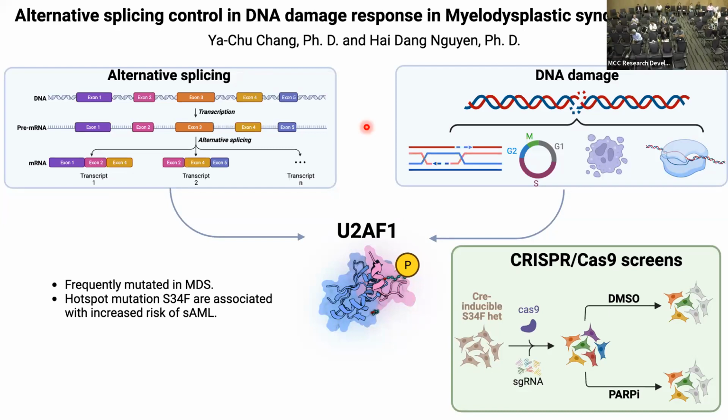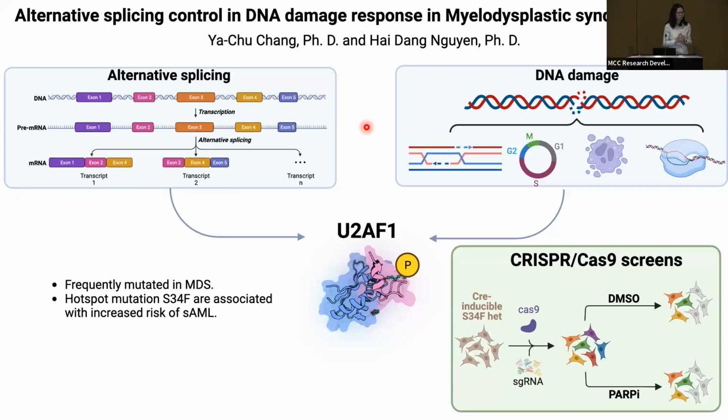So I'm looking at your model and I'm just wondering how you guys decided to pick the CRISPR-Cas9 as a screen, as opposed to just RNA-seq to figure out what changed, because it seems like depending where your guide RNAs are, you might miss splicing events that are critical. Yeah, so this is just one part of the project.